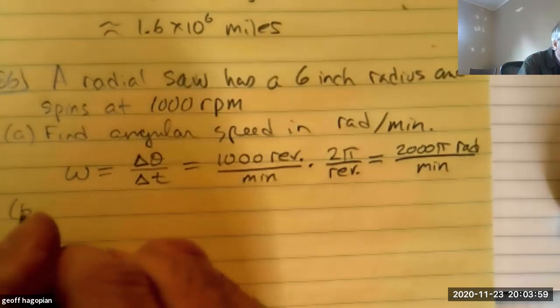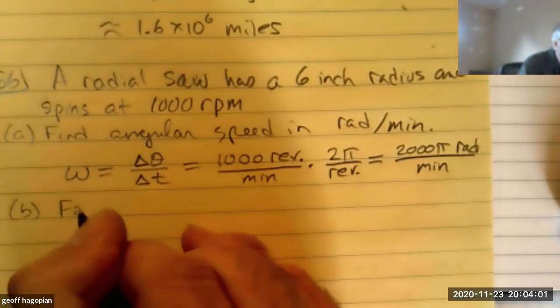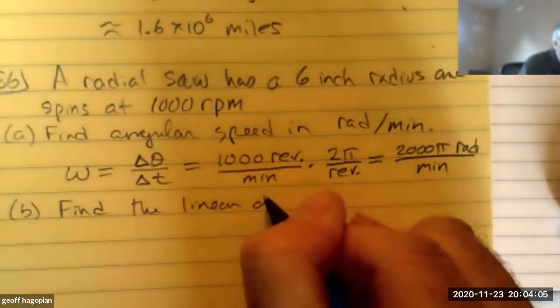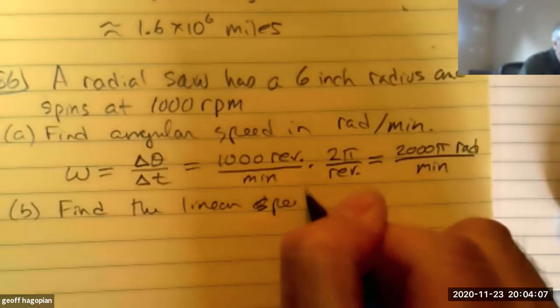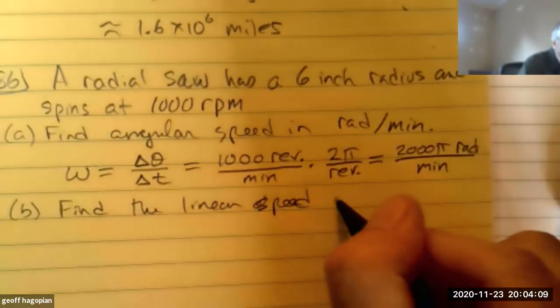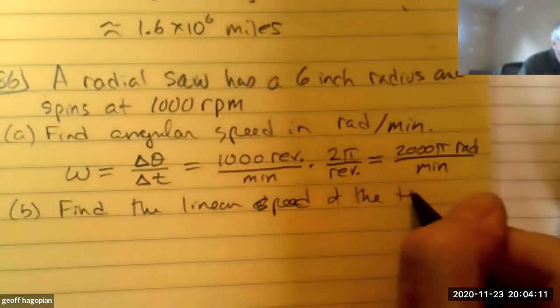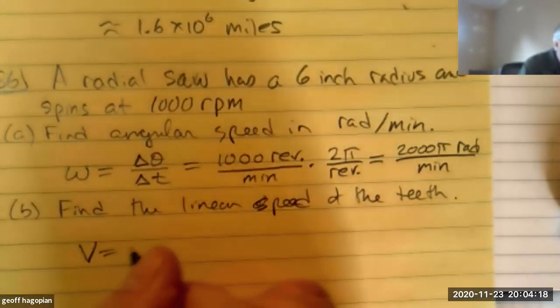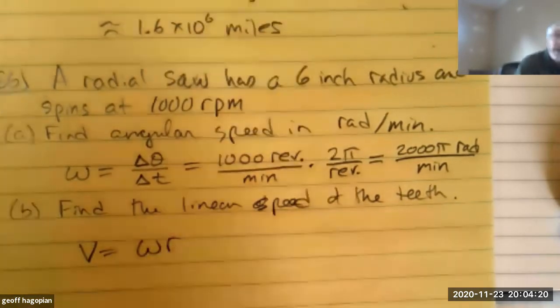What's the linear speed? Find the linear speed of the teeth on the saw. And so v is simply omega r, right?